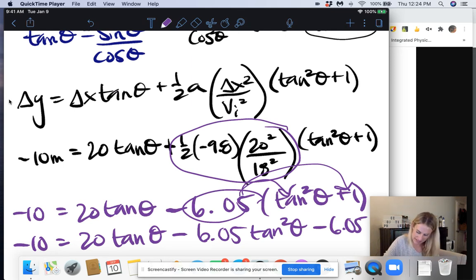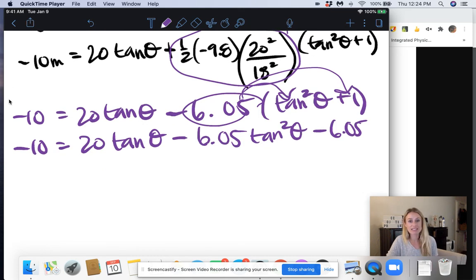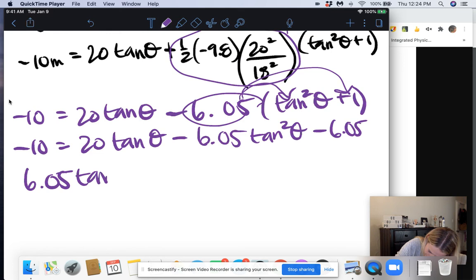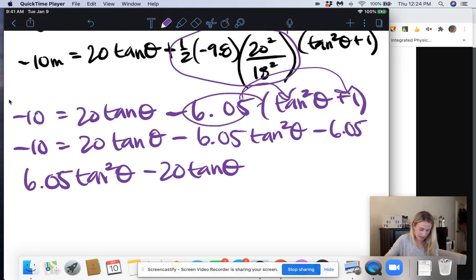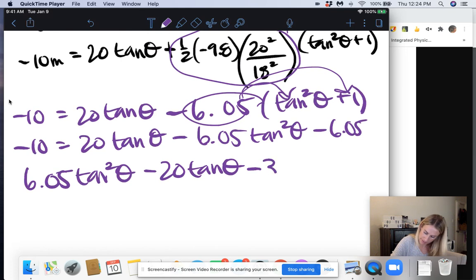Now, what we need to do is put this into the quadratic formula. Well, first I'm going to solve it so that it looks like the quadratic formula. So we get 6.05 times tangent squared theta minus 20 tangent theta, and then negative 10 plus 6.05, we end up getting a negative 3.95, and that's all equal to 0.